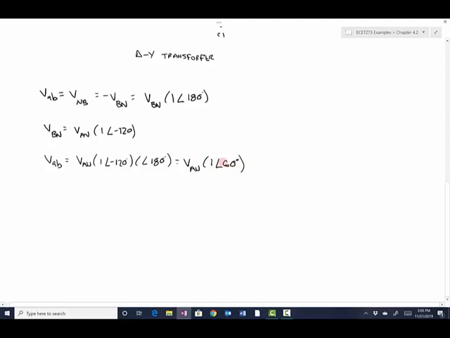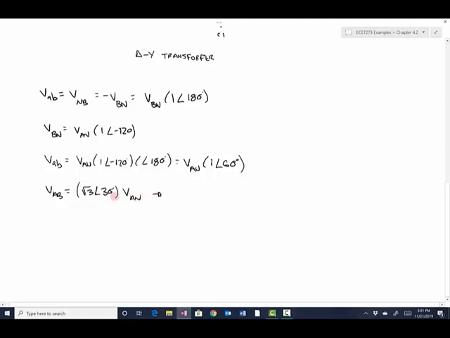So remember, transformers aren't typically rated on a line to neutral quantity, no matter whether it's delta or Y. We typically do that on a line to line quantity. So the next step we want to do is convert this VAN over to its associated line to line quantity. And so what we know is that VAB, since this is a Y secondary, is going to be equal to √3 at angle 30 degrees times VAN.